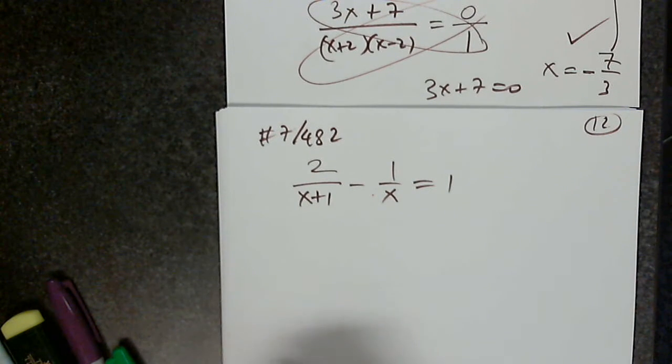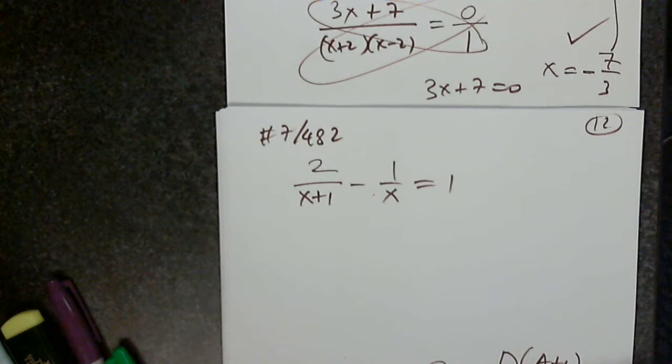And then I would like to look at 50 on page 480. C equals D times A plus 1 divided by 24.